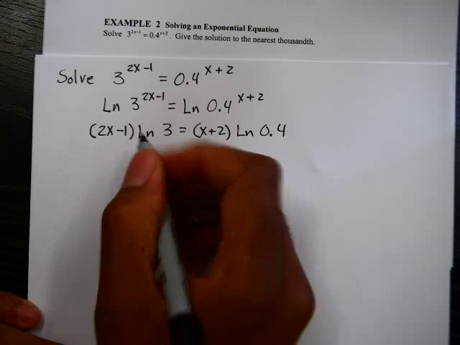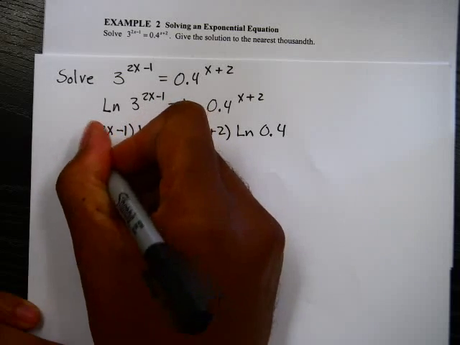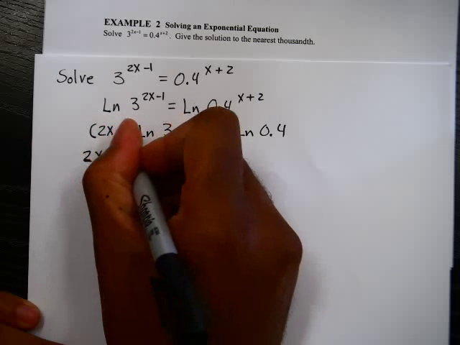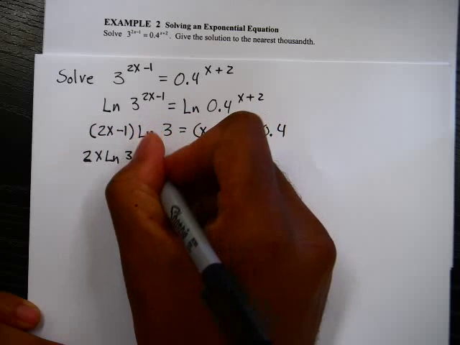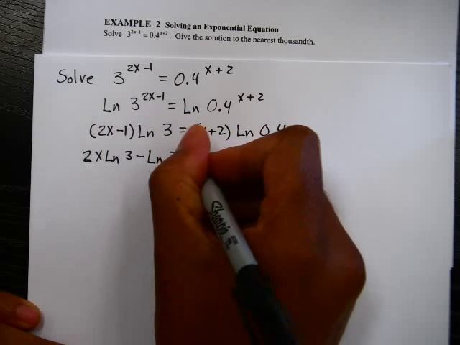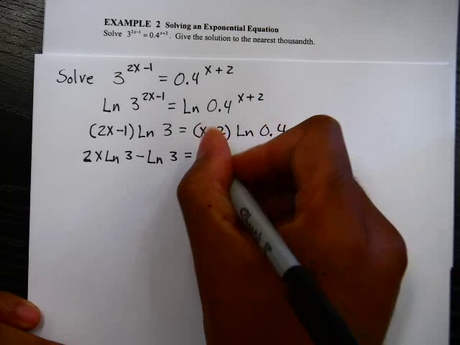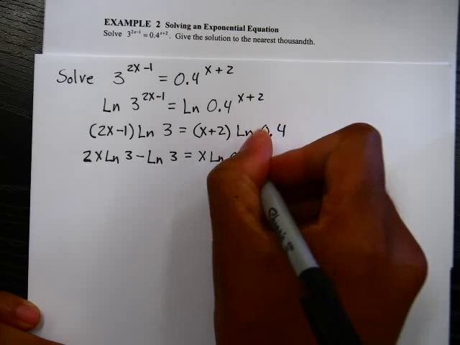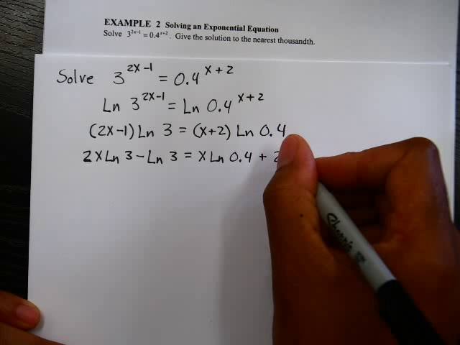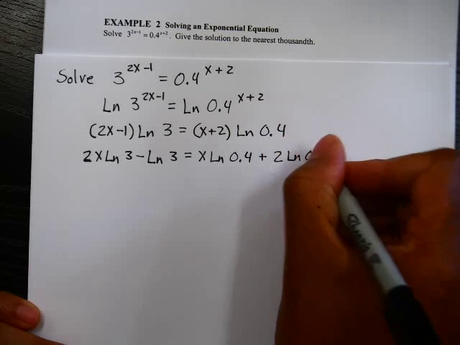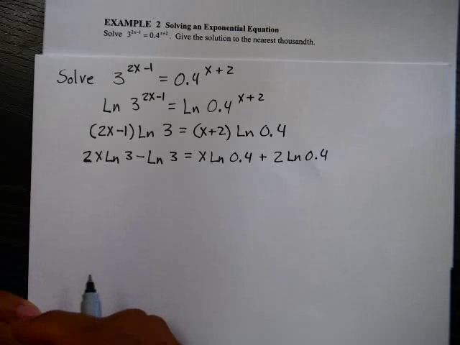So 2x times the ln of 3 is 2x ln of 3, minus 1 times ln of 3 is just minus the ln of 3. x times the ln of 0.4 is x ln of 0.4, plus 2 times ln of 0.4 is 2 ln of 0.4.